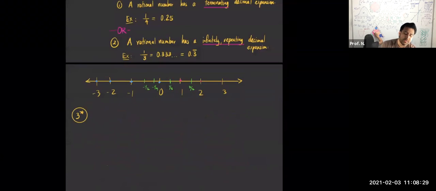These are the irrational numbers. And this prefix IR is like saying not. So irrational numbers are simply numbers that are not rational. That's all they are.